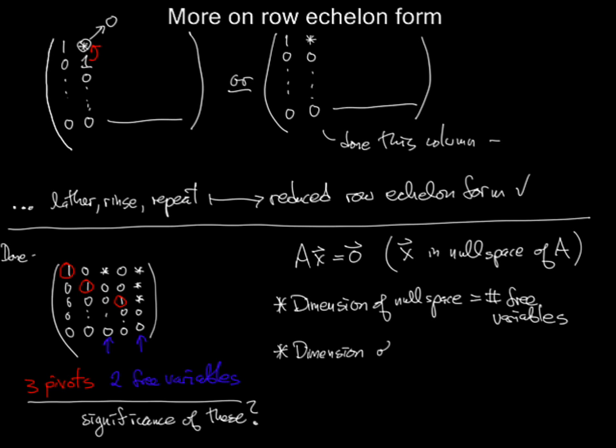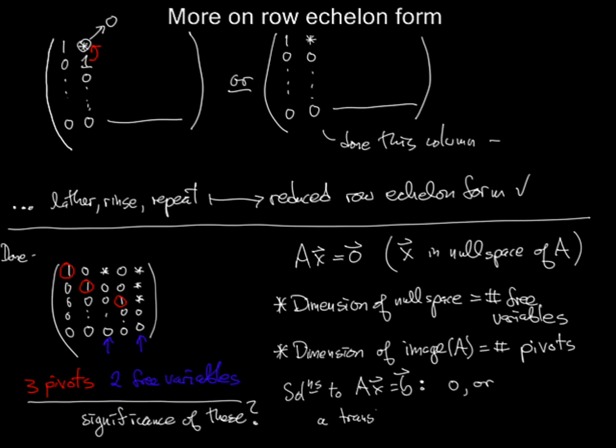The dimension of the image of A is equal to the number of pivots. And a final comment is that if you were solving a non-homogeneous equation, what does that look like? Well, there might be no solutions, or if there's at least one solution, then you get a whole translated plane of the dimension, the number of free variables.